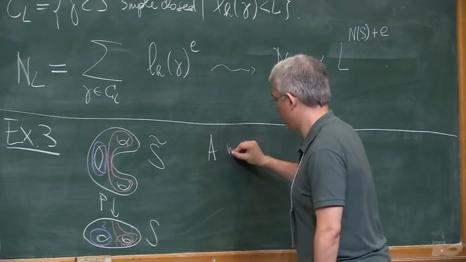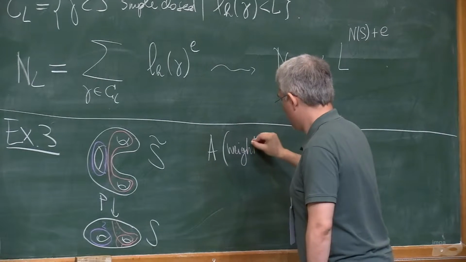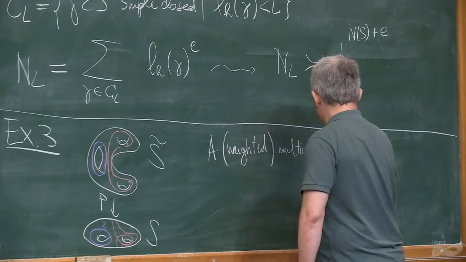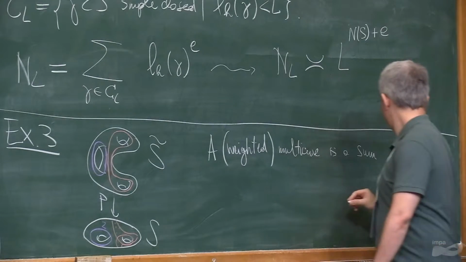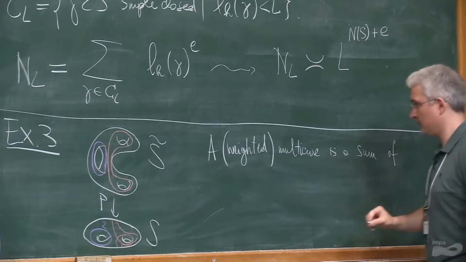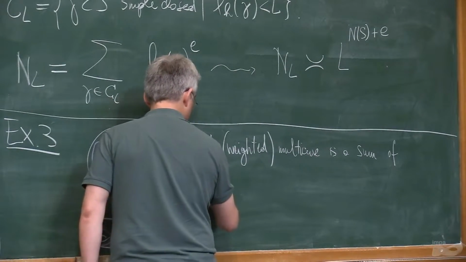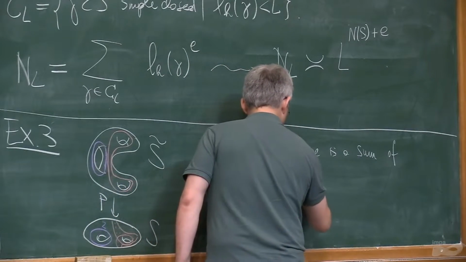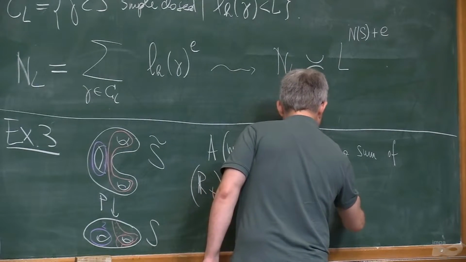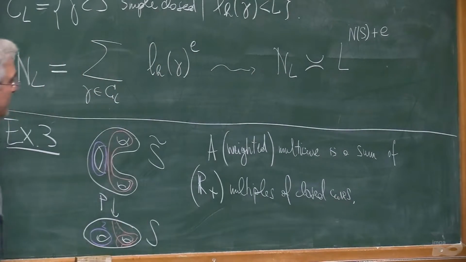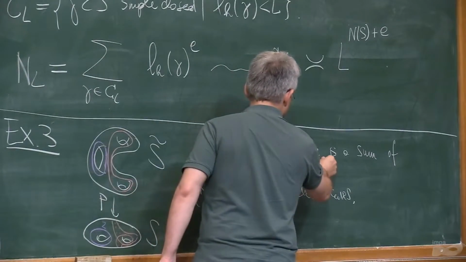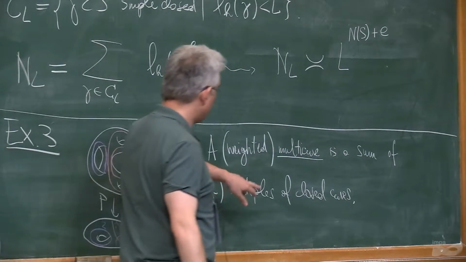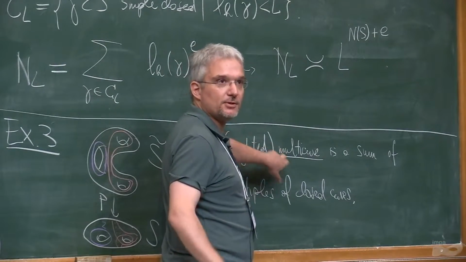A weighted multicurve is a sum of, say, R plus multiples of closed curves. Very often one uses the word multicurve to say simple, that they never intersect. We use it just to say a sum of curves that can also intersect.